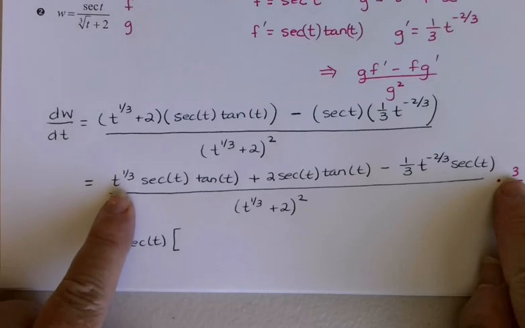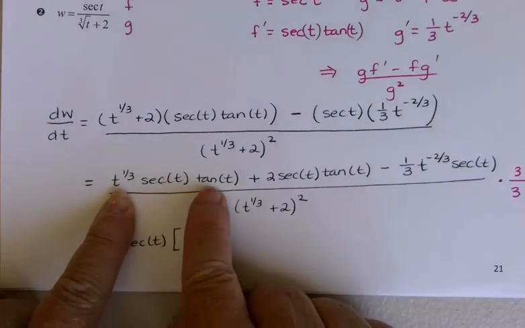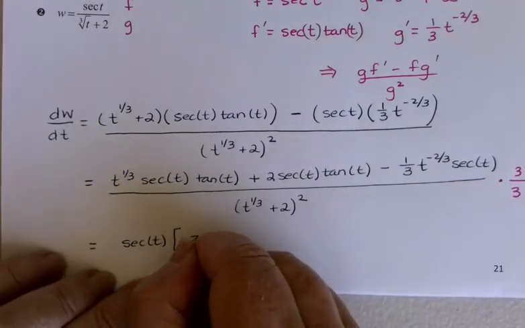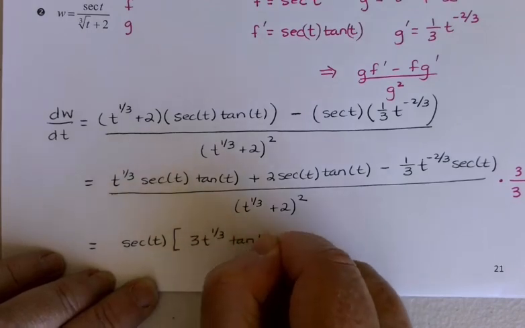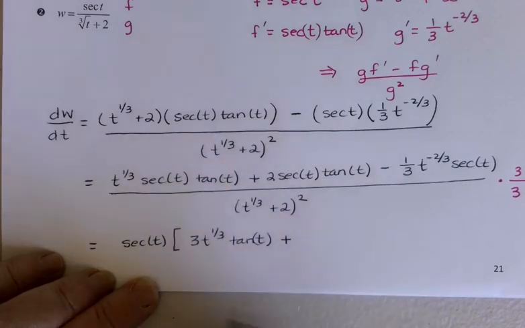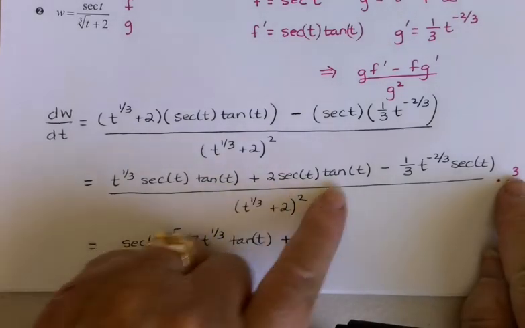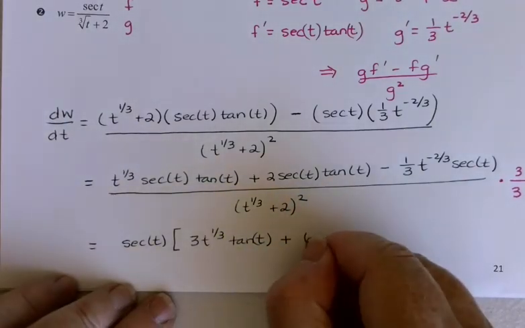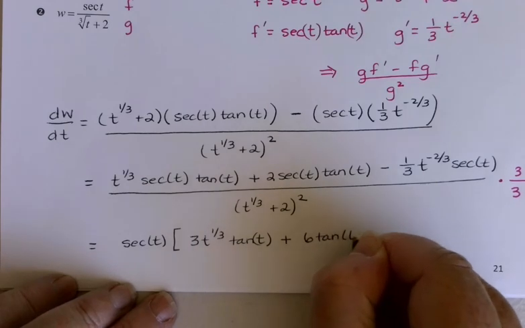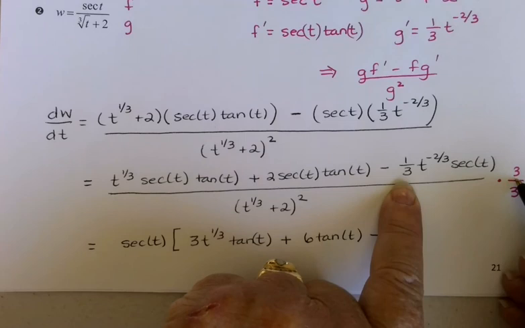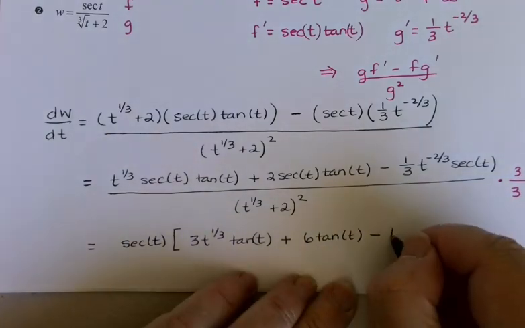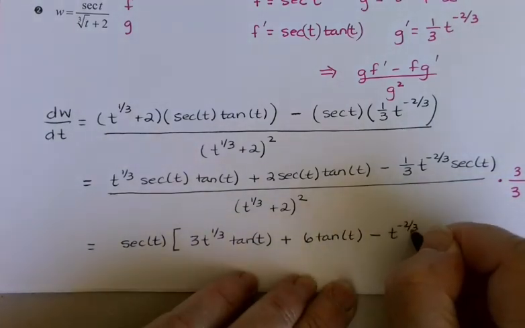And then I'll have 3 t to the 1/3 tangent t plus 6 tangent t minus, here the 3's will cancel, so I'll just get t to the negative 2/3.